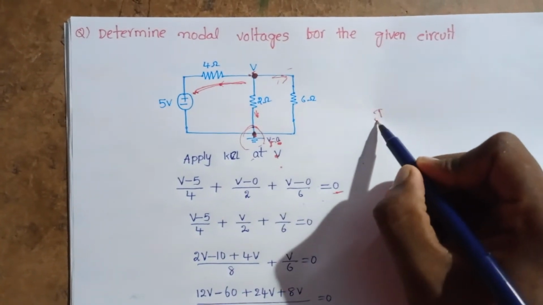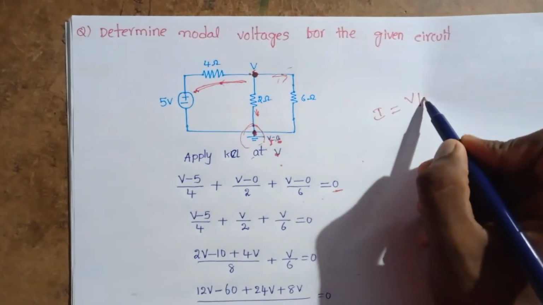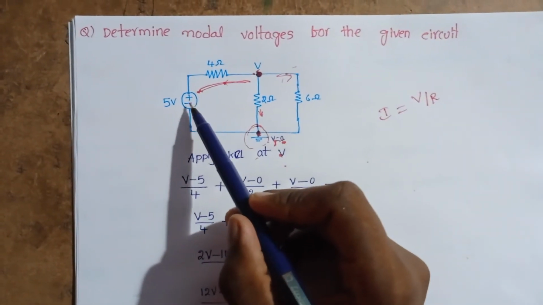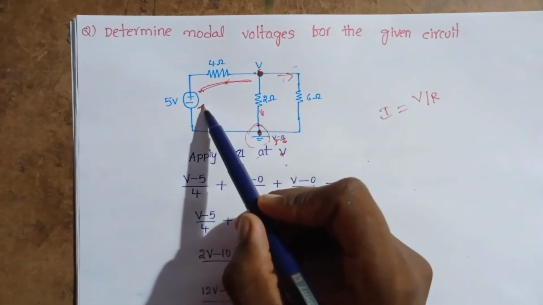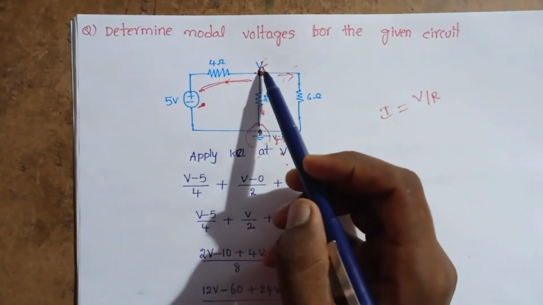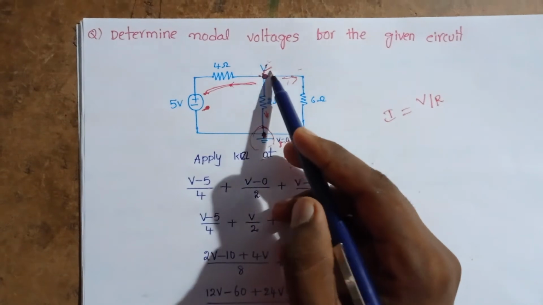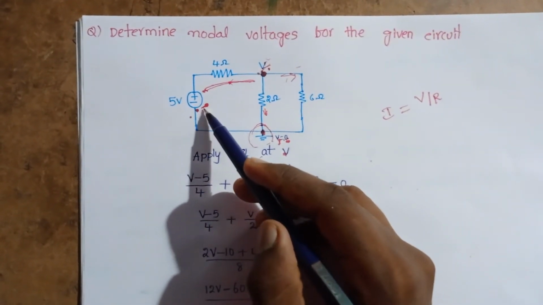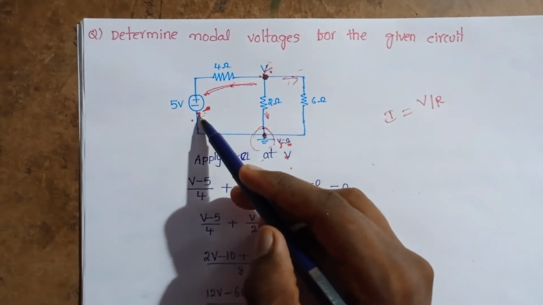Here we know current I equals V by R. In this branch, at one end we have 5 volts and at the other end we have V as the voltage. The difference between these two voltages is the total voltage.